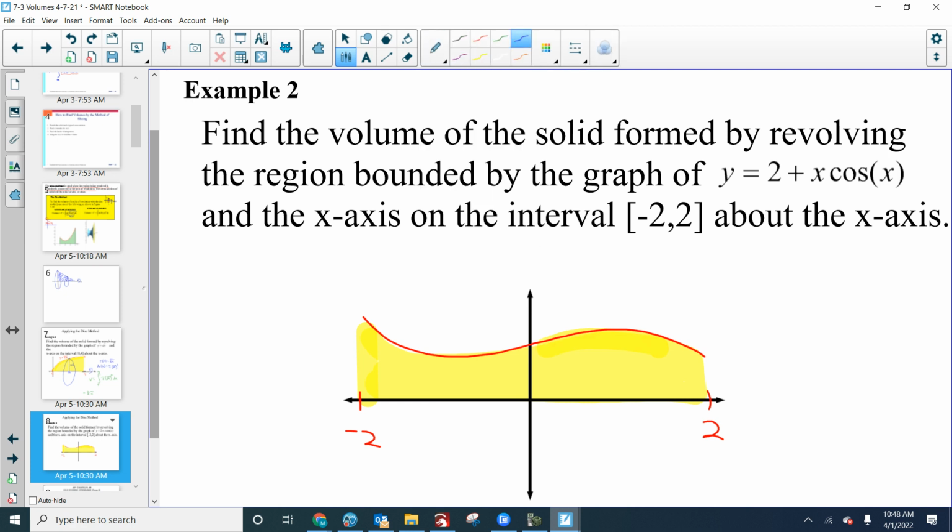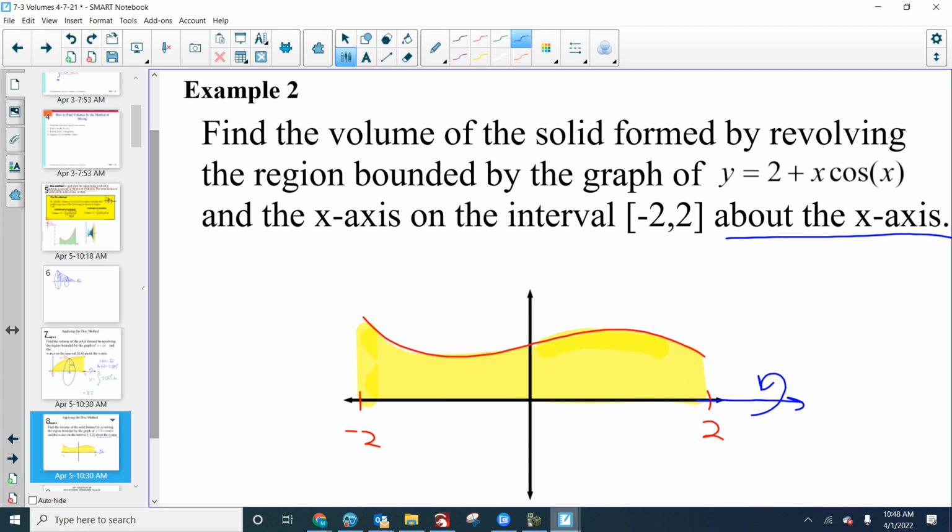Here's what I recommend to students. As soon as you read it, shade in the region, and then I call it a rotational arrow. As soon as you see it going around the x-axis, put a rotational arrow around the x-axis to remind yourself what it's connected to and what it's being revolved around.